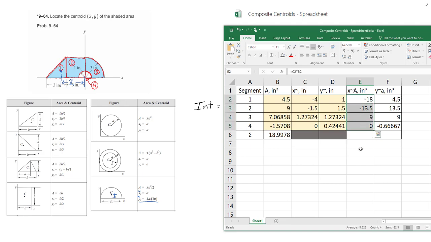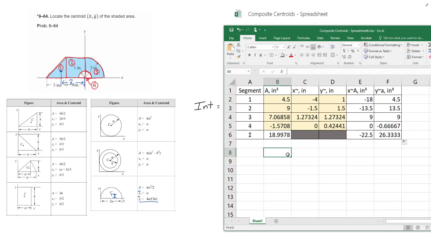And we're going to sum those up, and do the same thing over here. And you'll notice that the XA is a negative 22. That means that we're probably going to have an X value on the negative side, or on the left-hand side of the Y-axis. And that makes sense. That passes a gut check.